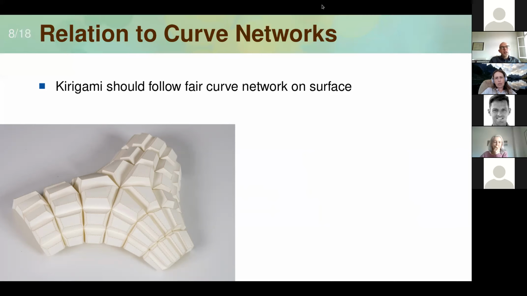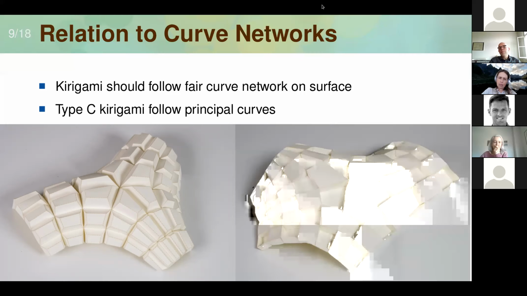This is actually a photo of a Kirigami structure made from paper. So the unfolding pattern has been imprinted on the flat sheet of paper by laser cutting, and then this has been folded into space. We can even make the highly constrained type C Kirigami.